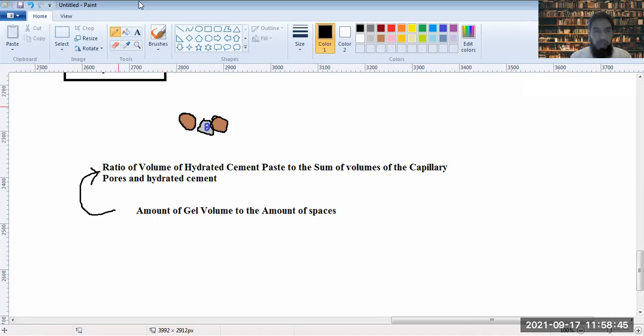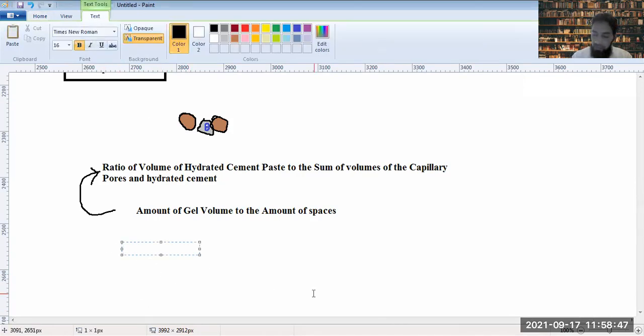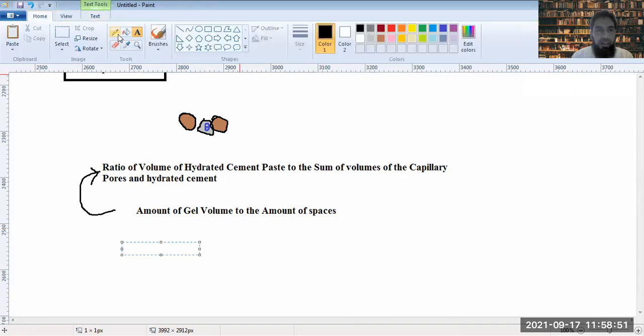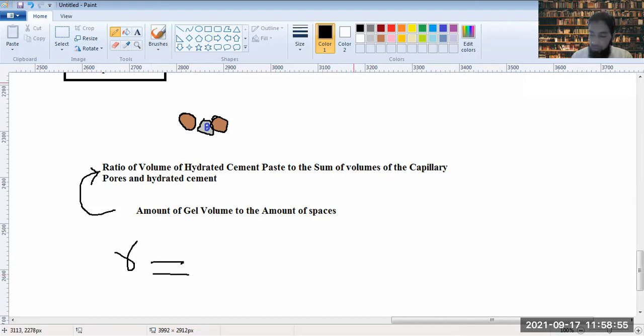It is denoted by R. You can also classify this ratio as R. There are various expressions. This is an empirical equation developed for this.